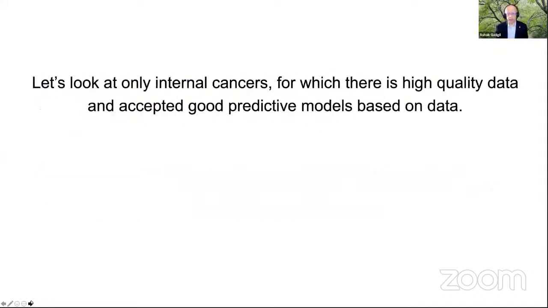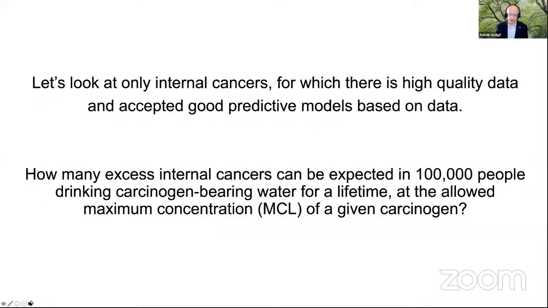Let us now look at only internal cancers and ask the question: if 100,000 people drink water with a given carcinogen over their lifetime, how many excess internal cancers can be expected?